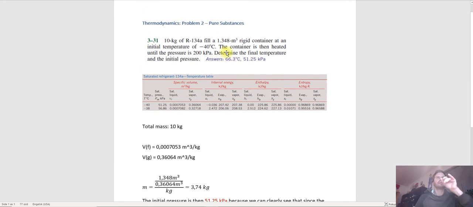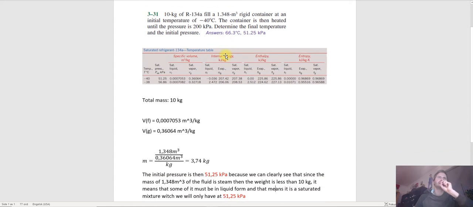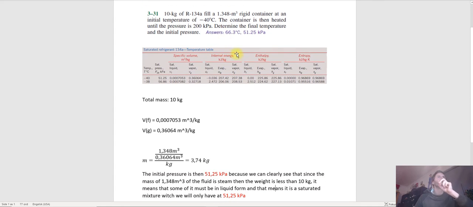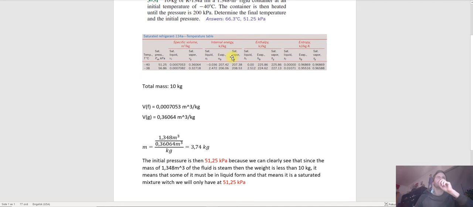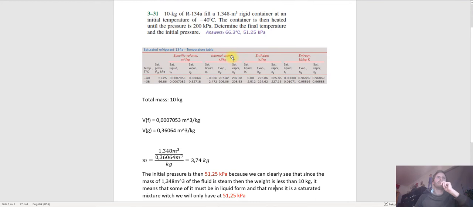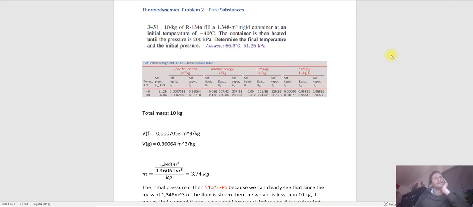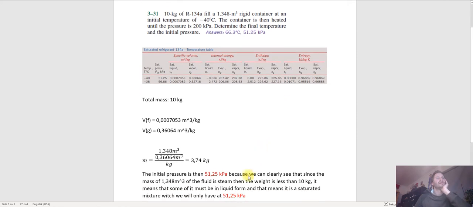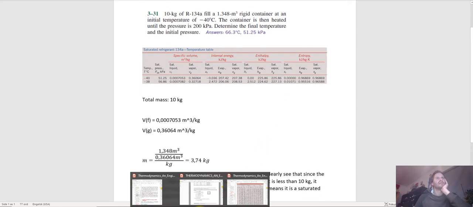It's the same rigid container, the volume is the same, but obviously there must be some more steam. Let's look at the table to see how that looks.